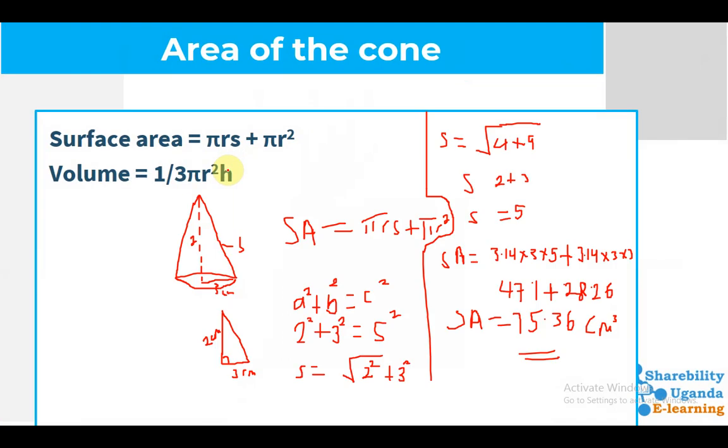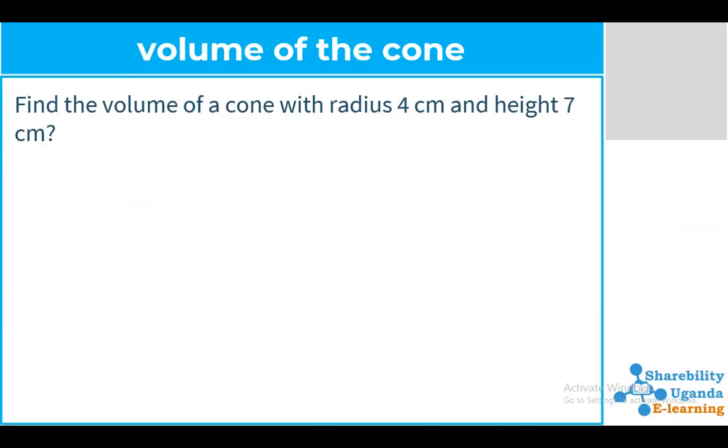That is the formula that we have been given to solve our problem. So here they are saying find the volume of a cone with a radius of 4 centimeters and a height of 7 centimeters. This is how the cone looks.